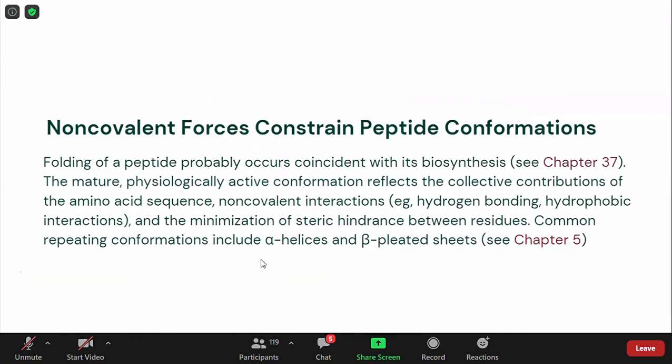Non-covalent forces constrain peptide conformations. Okay, the folding of the protein: first, you have the hydrogen bonding and the hydrophobic interactions.